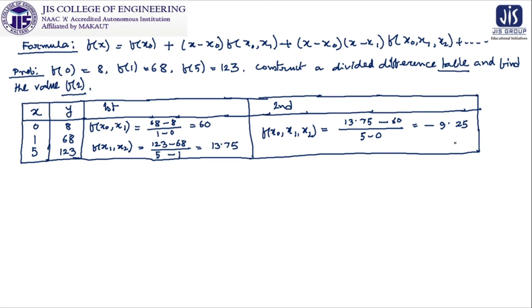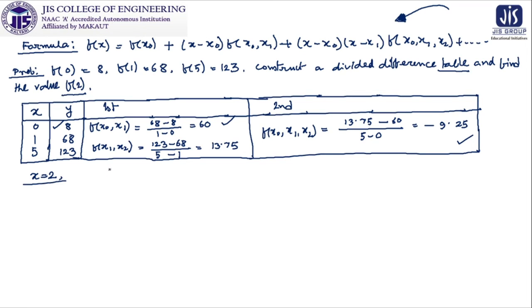Once my divided difference table is complete, if we emphasize this particular formula, we can identify that f of x0, that means this one, is known to us. Then f of x0 x1, that means this one, is also known to us. And then f of x0 x1 x2 is also now known to us, and the other values are obviously known. So here our x is equal to 2 because it is asked to find f2.